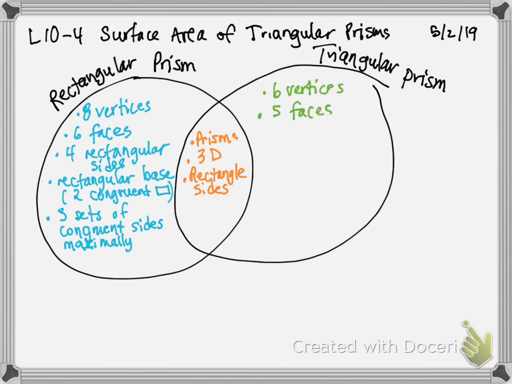And if you think about it, because a triangle has 3 sides, those are going to be the 3 rectangular faces of your prism, and then you have the 2 bases. Well, we're going to have 3 rectangular sides. I kind of match these one for one. 3 rectangular sides. We have a triangular base. In fact, we have 2 congruent triangles.